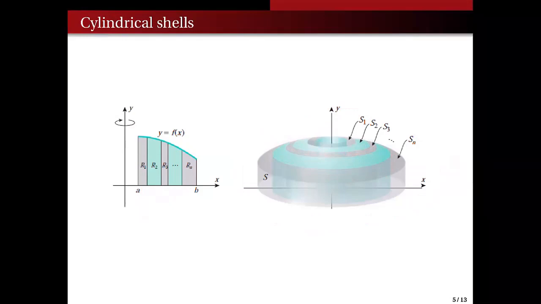You see this first cylindrical shell here, there's another cylindrical shell here, and then another cylindrical shell here, etc. Once you do the revolution, you will be able to create these cylindrical shells coming from the vertical strips that you have.